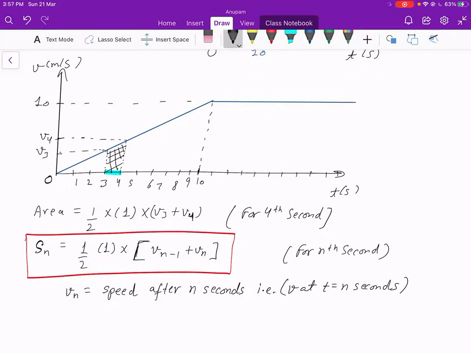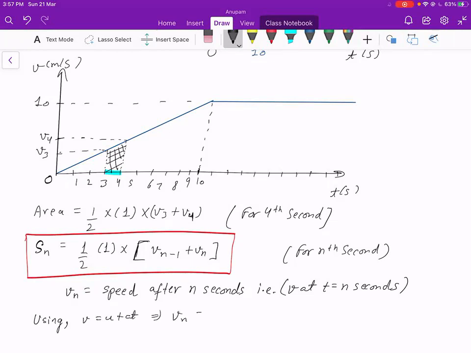So what would be the expression for Vn then? Vn equals u plus a n, t being n. Good. So I can use the formula v equal to u plus at.